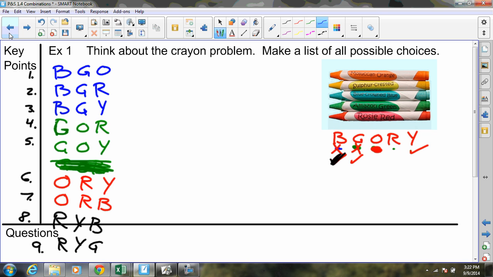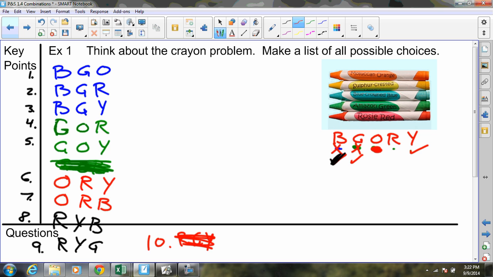Which one are we missing? Red, green, yellow? Yeah, that was number 9, so it's not that one. Let's consider some other options. Orange, green, red. Okay. Orange, green, red is number 4. Okay, so let's start considering yellow. Do we have yellow, red, orange?